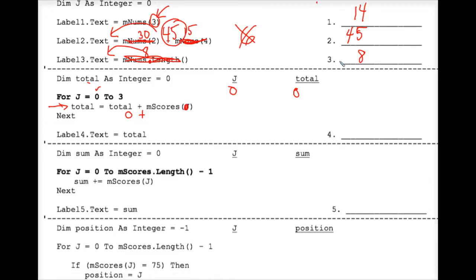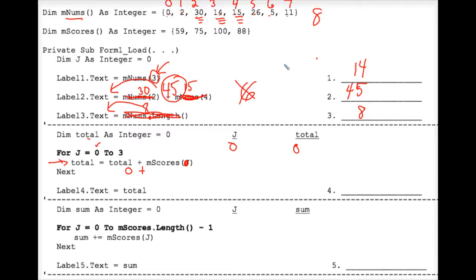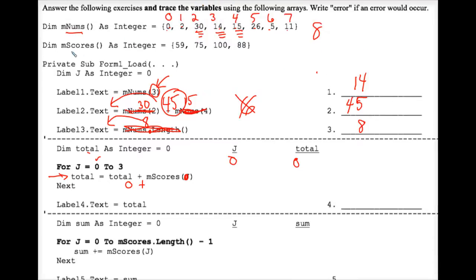What is the number that's in m scores position 0? Well, looking up here, since this is m scores, I should be careful here and label the subscript positions of this array. Always put your numbers here on your worksheet to be careful.